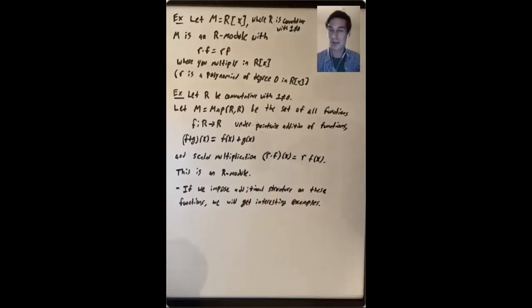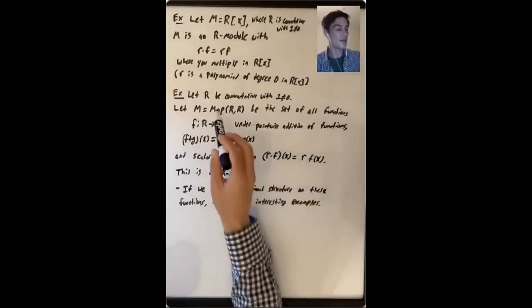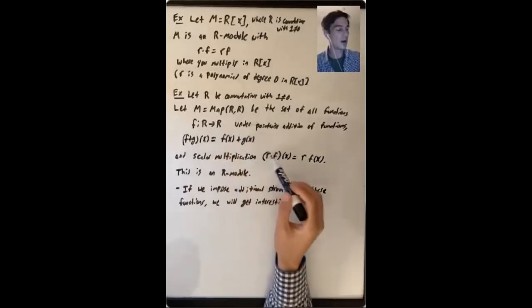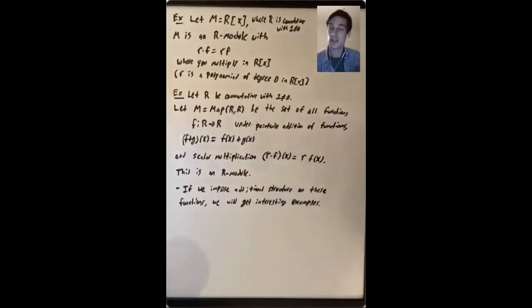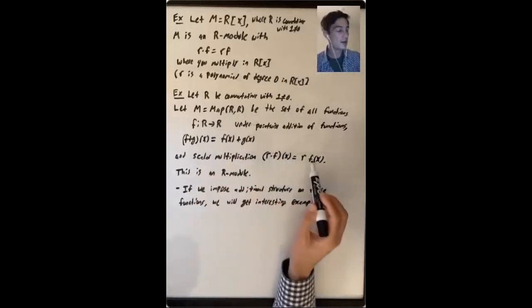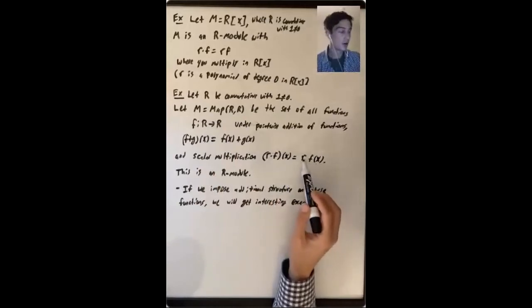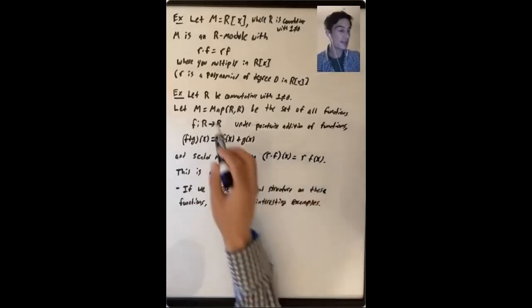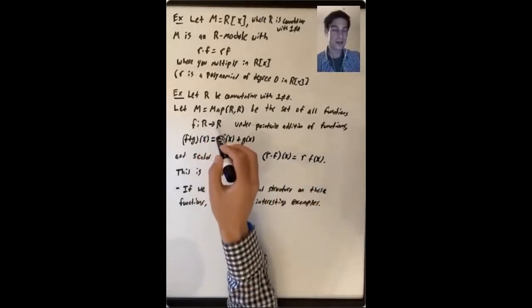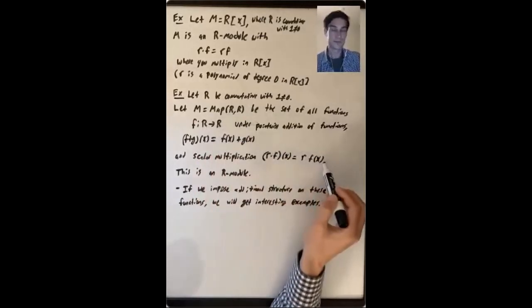And we have to define what scalar multiplication is. What is the function from R to R given by r dot f? Well, what does it do to each x in R? r dot f applied to x will be r times f of x, where now this multiplication is happening in the ring R. So r is an element of the ring. f of x is an element of R as well, because f takes an element of the ring to another element of the ring.